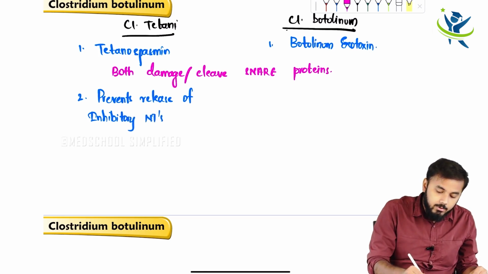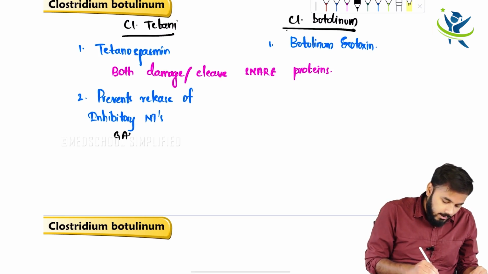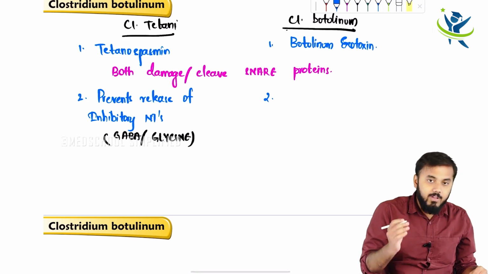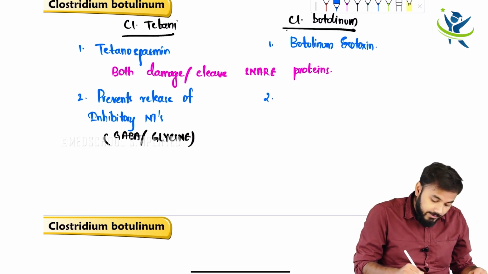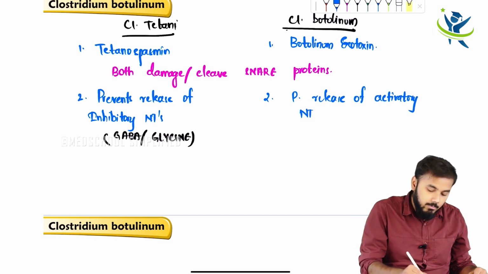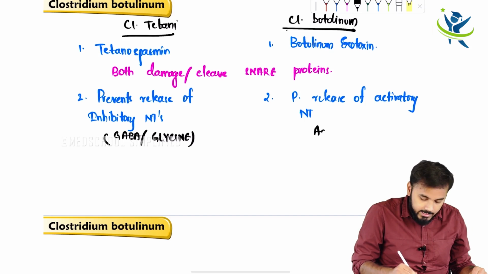And what is that inhibitory neurotransmitter? That is GABA, or it can be glycine. Whereas on the other hand, botulinum toxin prevents the release of activatory neurotransmitter.